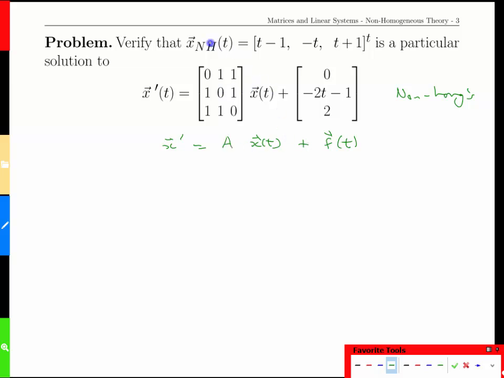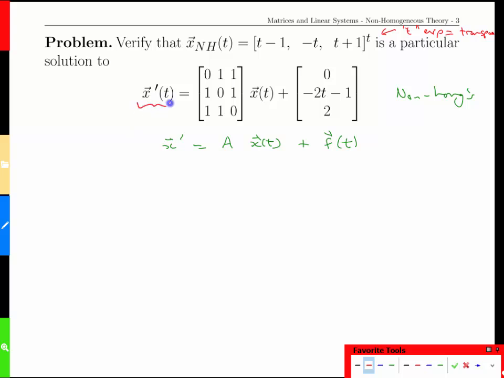What we can do with this is, if someone gave us a solution, and it shouldn't come as a huge surprise that if the non-homogeneous part has t's in it, so a polynomial, then our non-homogeneous solution will look like t's as well. Notice this little t in the exponent is equal to transpose. We'll use that sometimes, not too often. What that lets us do is take what should be a column vector and write it out with a little less space required as a row vector here.